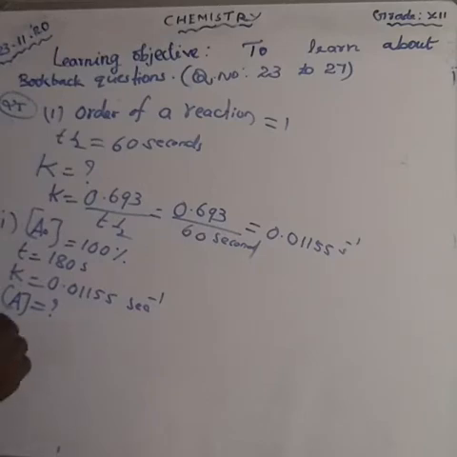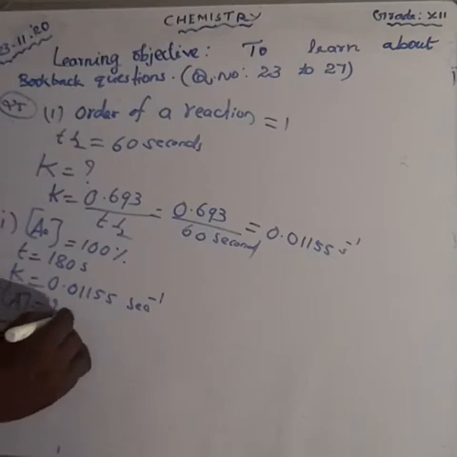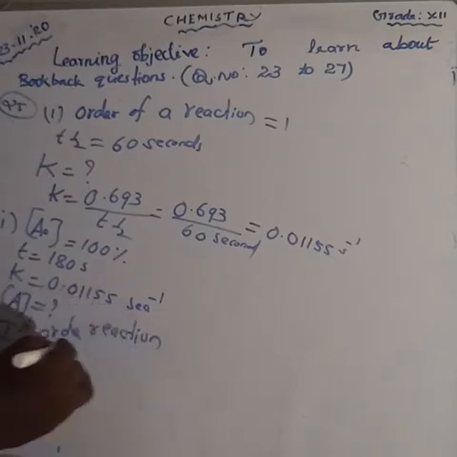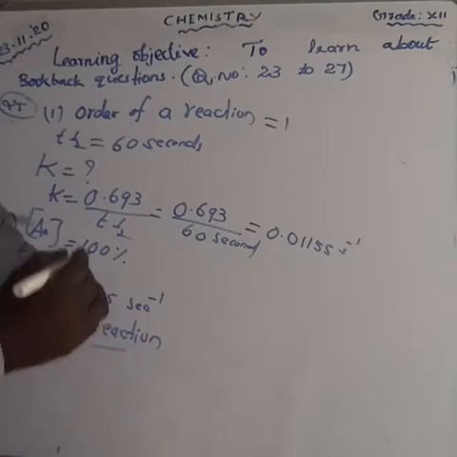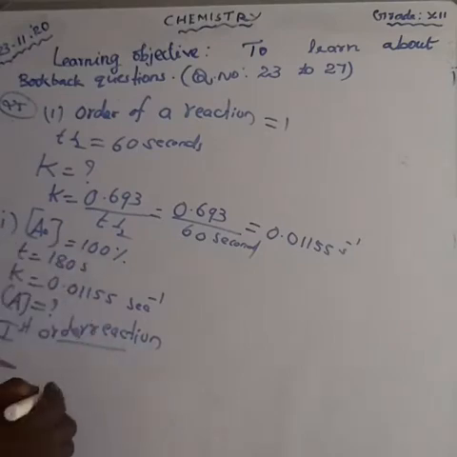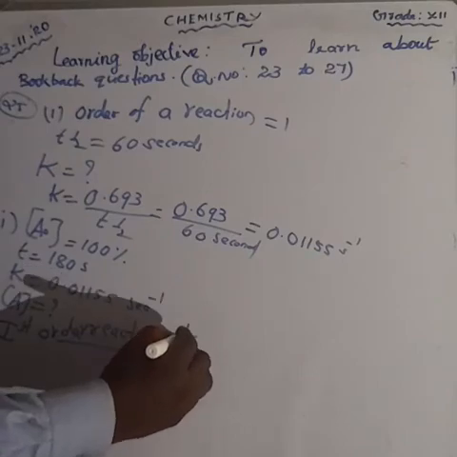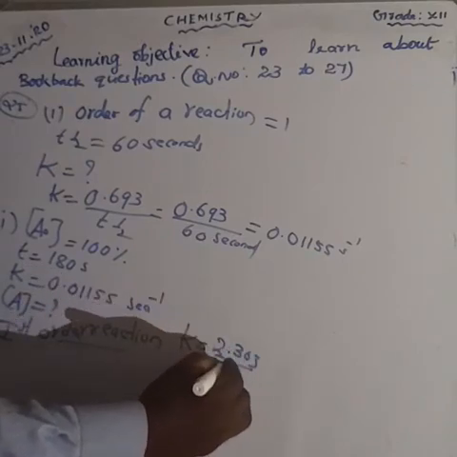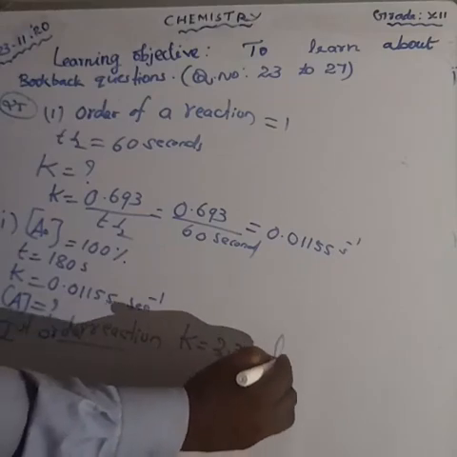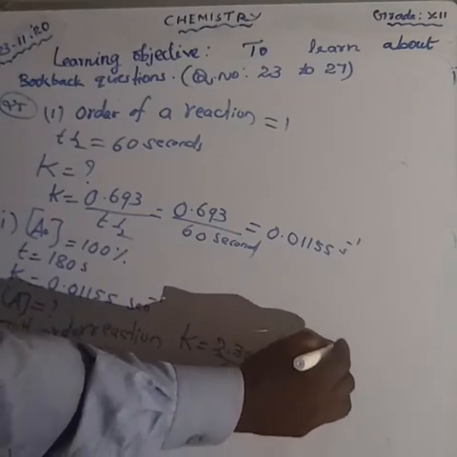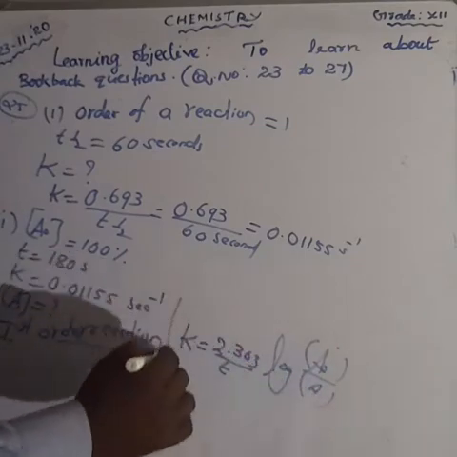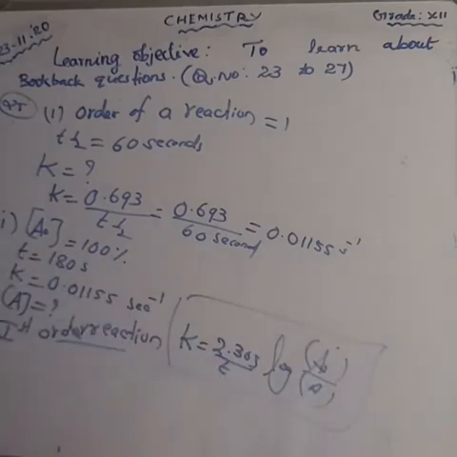What is the formula for the first order reaction? K is equal to 2.303 divided by T log A naught divided by A. This is the formula for K in the first order reaction.